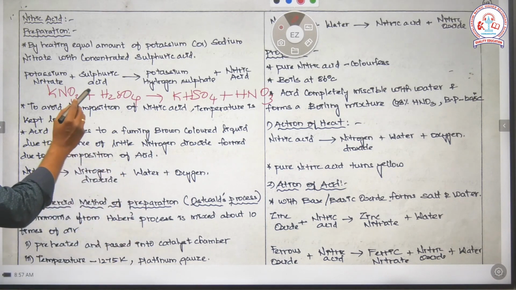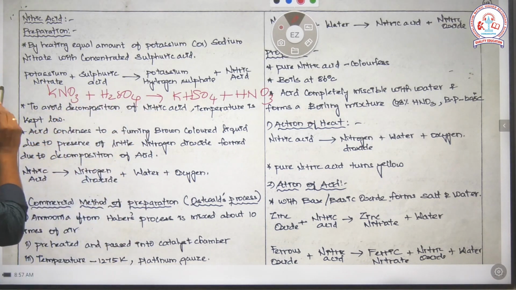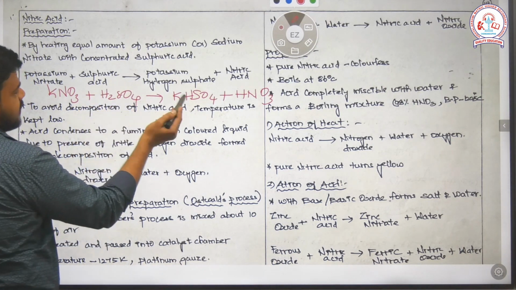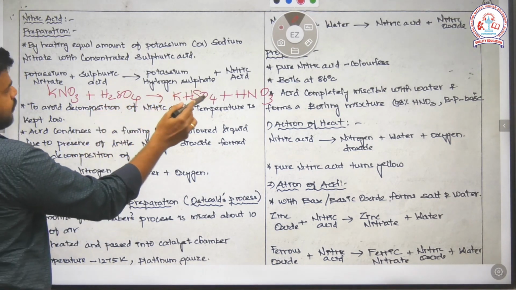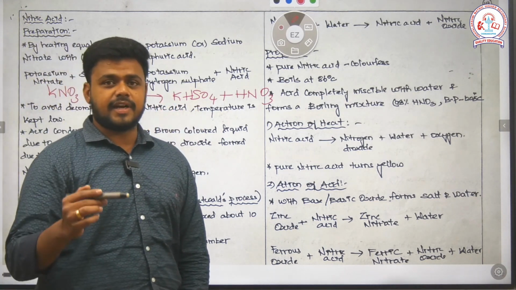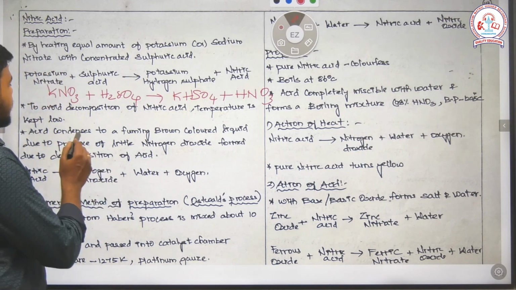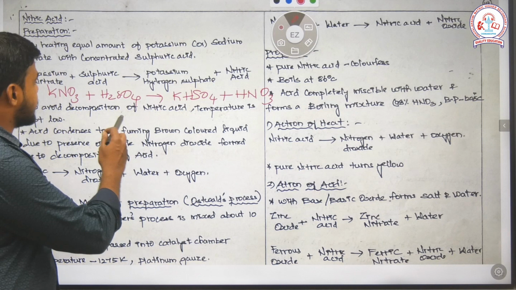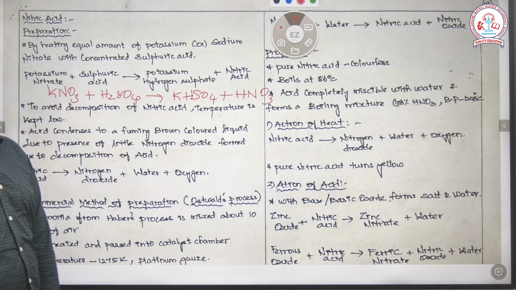To balance, potassium 1 is here, then here also it is 1, hydrogen 2, okay, fine. Sulfur here it is 1, there it is 1. Oxygen 4, 4, 3, 7, everything is balanced. See, initially I wrote it in terms of potassium nitrite, so that's why the equation took a long time to get balanced. So actually the reaction happens between potassium nitrate and sulfuric acid.